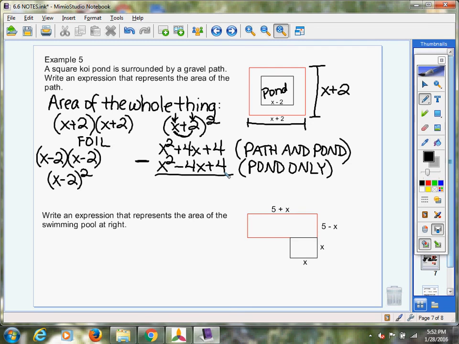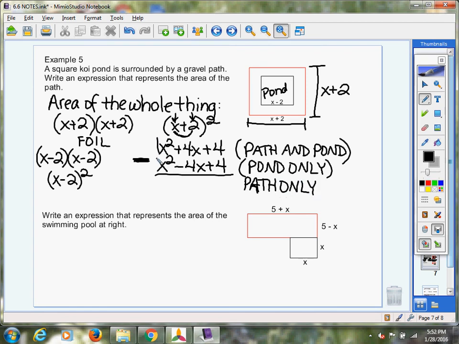And we want to deduct this pond area from the path and pond area. And whatever's left over is going to be the area of the path only, okay? This is going to be path only, okay?